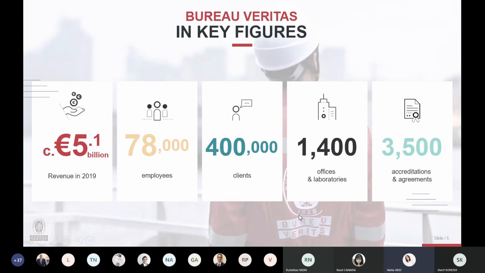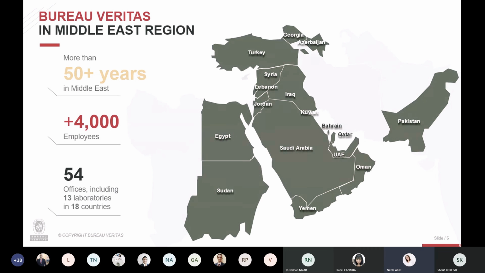I wanted to share with you the map highlighting our presence in the Middle East. We have more than 54 offices, including 13 laboratories, in the 18 countries highlighted in the map here. We are one of the largest testing, inspection, and certification companies in the region, with over 4,000 employees.